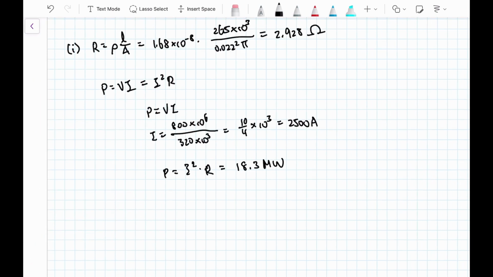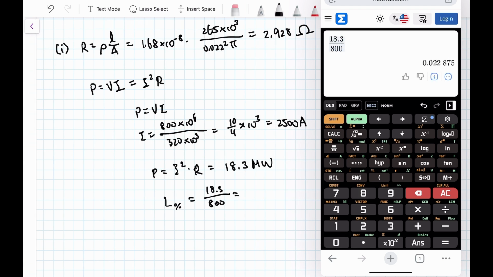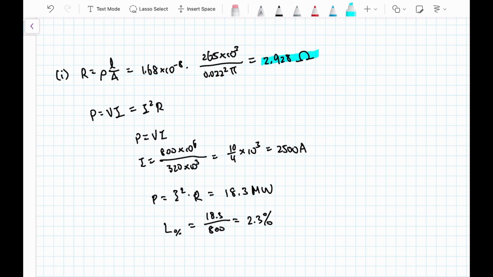So the percentage loss would then be 18.3 over 800, so that's around 2.3 percent loss, and these will be the three answers to the question. Over here, here, and here.